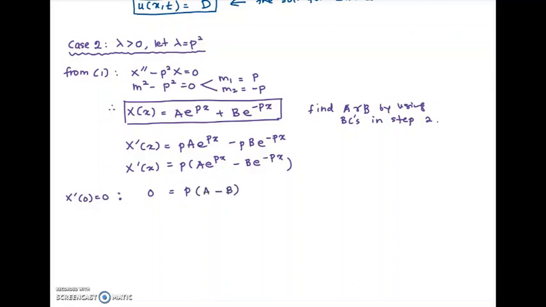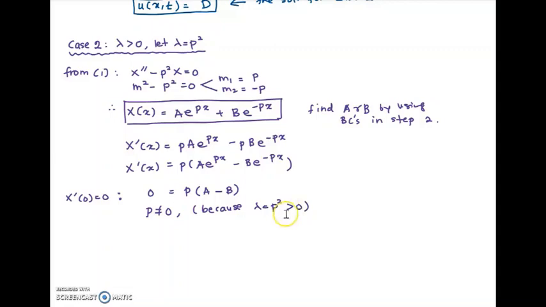Now we need to think which one should be 0 in order to have a valid equation here. The same justification as in example 1, we can see that p cannot be 0, simply because lambda equals p squared, which is always a positive number.